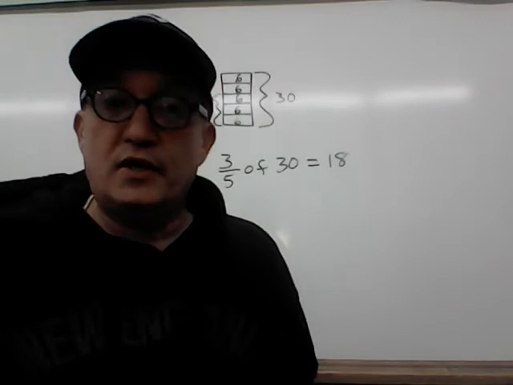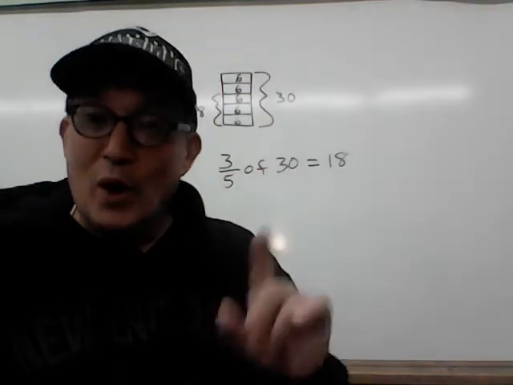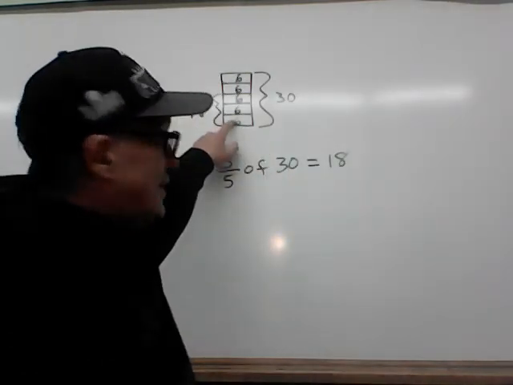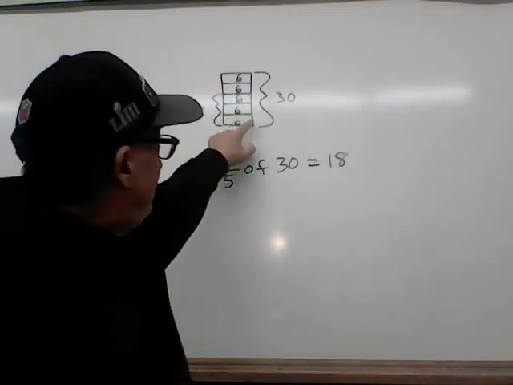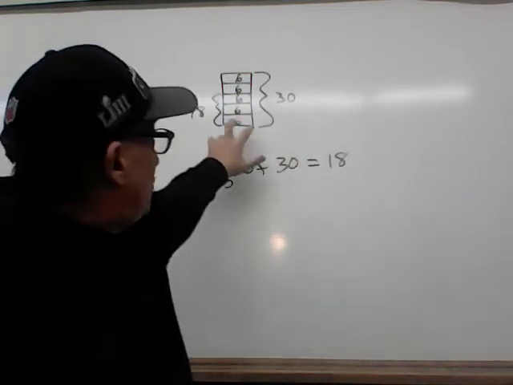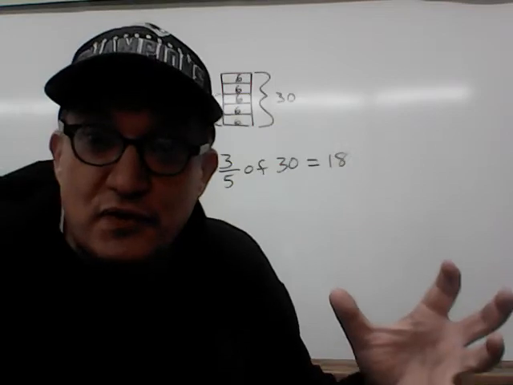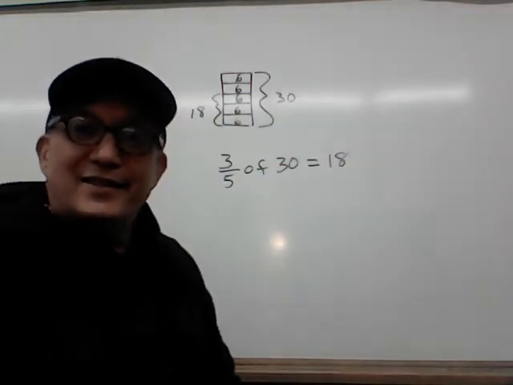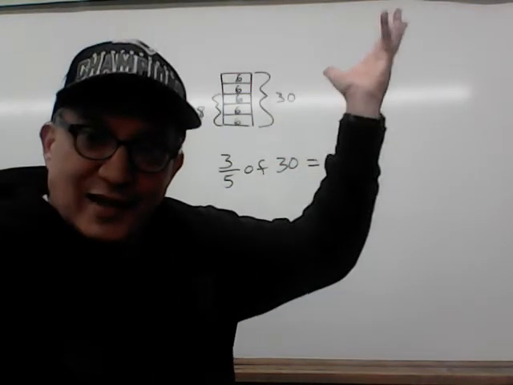And 3/5 of 30 is 18, because 1/5 of 30 is 6. You can see it right there. That little rectangle on the bottom is 1/5 of the 30. It's got 6 in it. If we take 3 of them, it's 18.